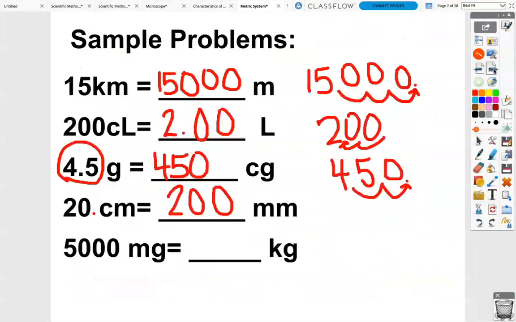That's crazy. So when you have a problem like this, I'm going to redraw my 5,000 right here. Now, understanding that even though I don't see a decimal, my decimal is understood to be right there, right after the ones place, right after that final zero. So I'm going to pick up that decimal and move it. And we said how many times we're going to move it? We're going to move it 6 places to the left.